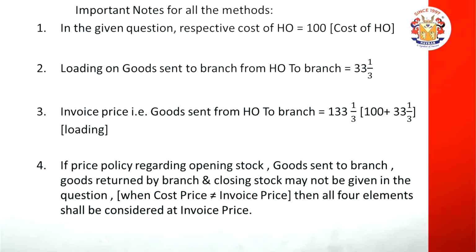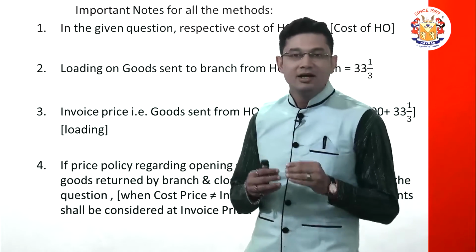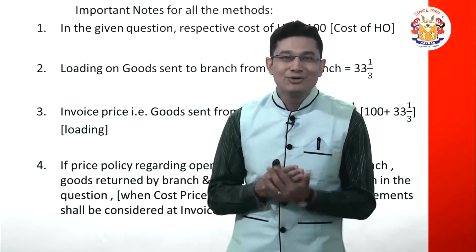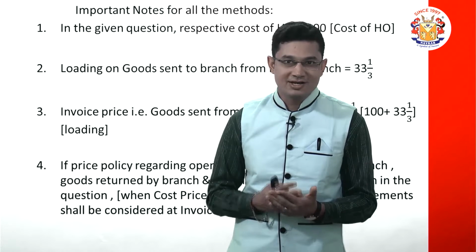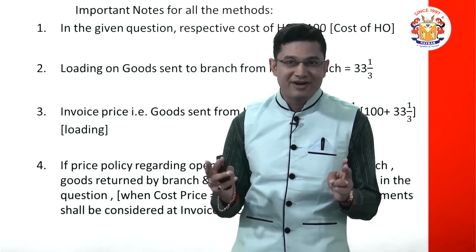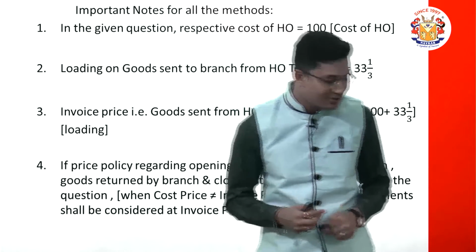So invoice price, that is goods sent from HO to branch, equals 133.33. It is nothing but the accumulation of cost price plus loading. Sir, in this equation, cost price equals invoice price? No. In this equation, cost price and invoice price both are different. Mind well.